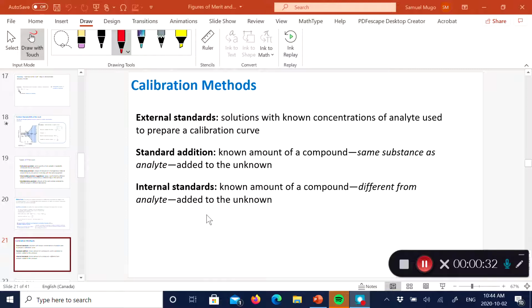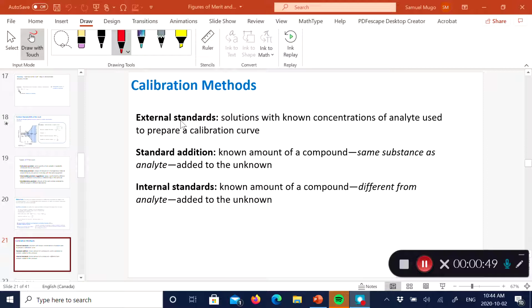It's good for you to understand the advantages and disadvantages of each of these methods so that you can choose the appropriate calibration method, depending on the analytical problem in question.